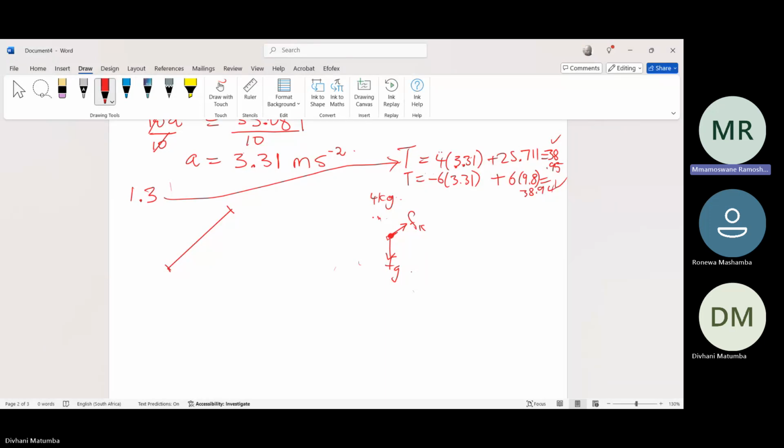Okay, so I have a question. After the rope snaps, right? The 4 kg block is still on the surface. So won't we have the normal force? We will definitely have the normal force.